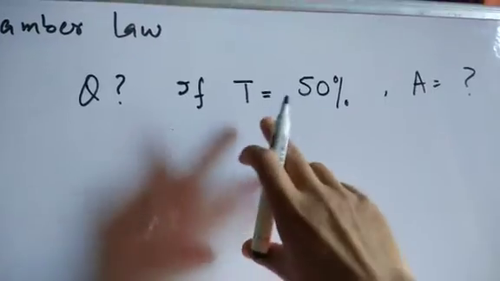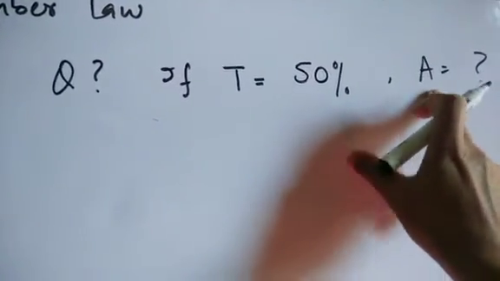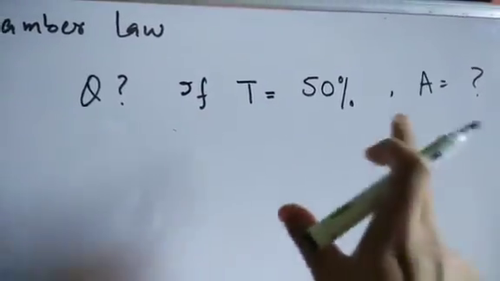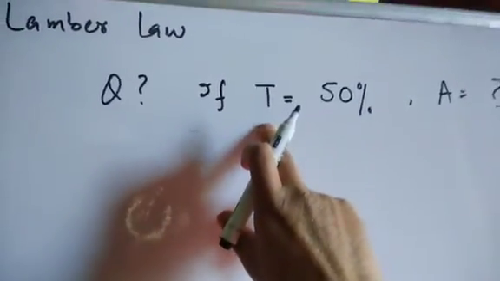The first thing हमें remember करना है कि A and T, they are not inversely correlated. A is logarithmic, it is simply the fraction of the light transmitted.